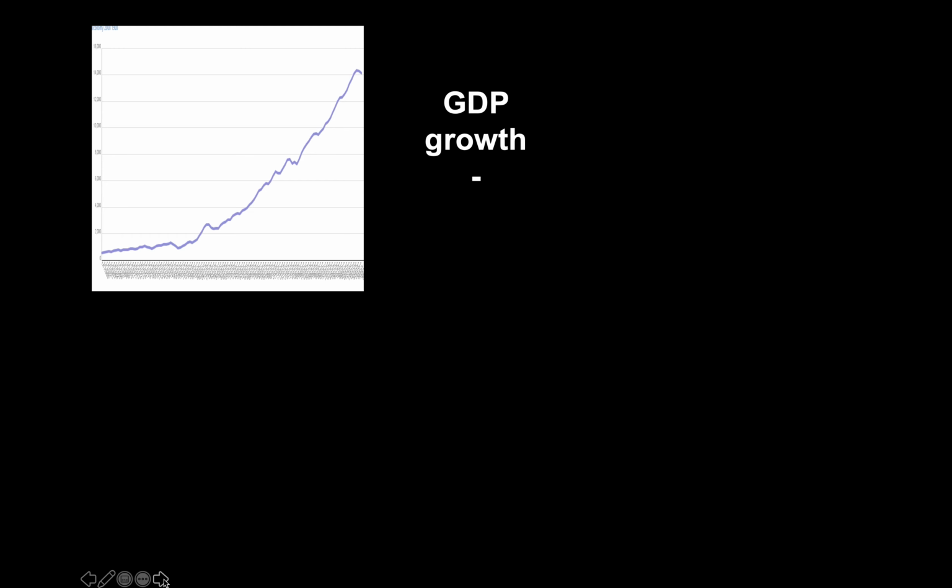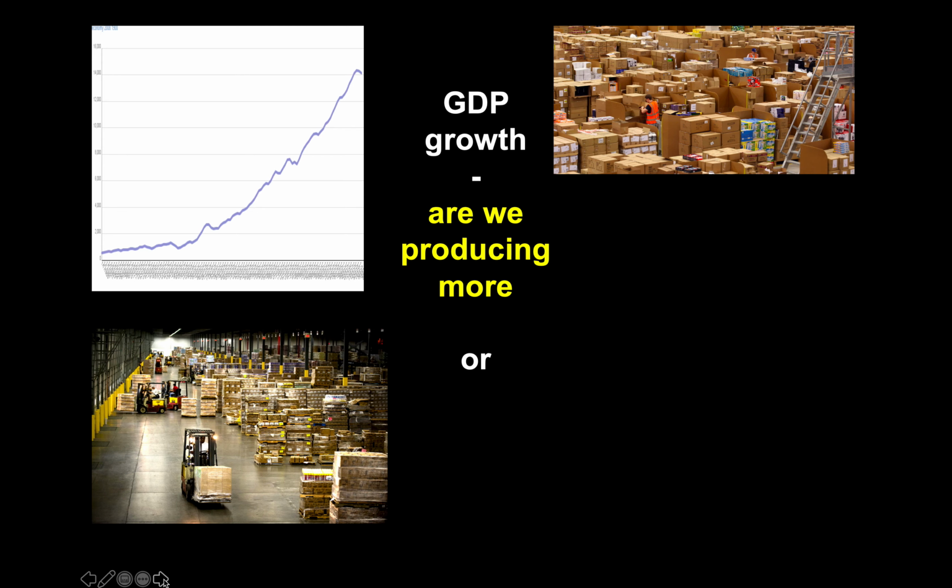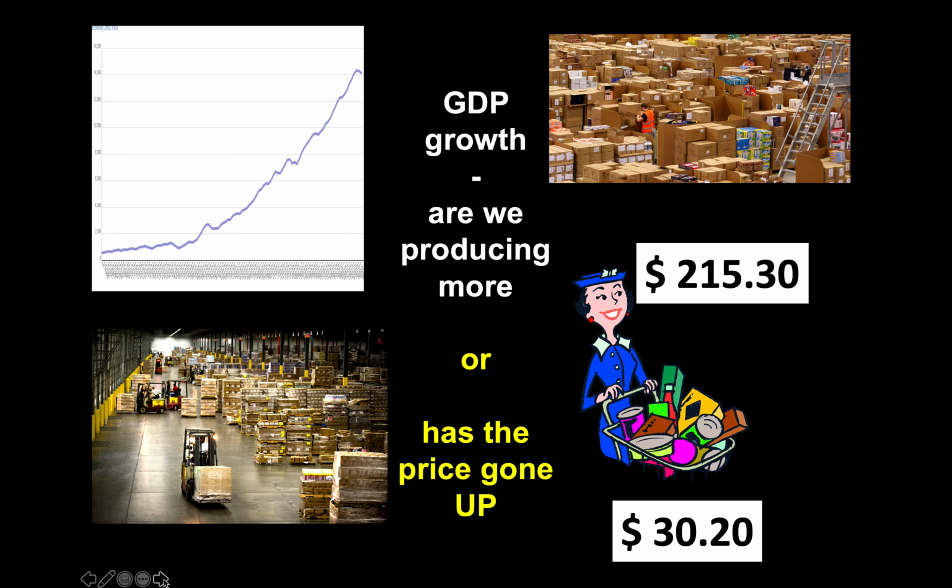So let's talk a little bit more about this gross domestic product growth. The question is, we're seeing a number go up. Are we actually producing more things, or are we just seeing higher prices for the things we're already producing? So think of this basket of goods that the lady on the right is holding.